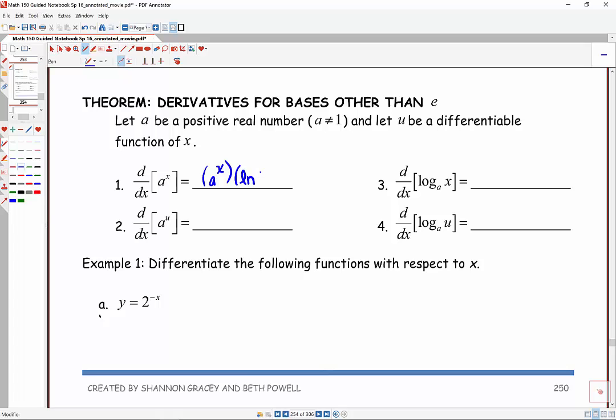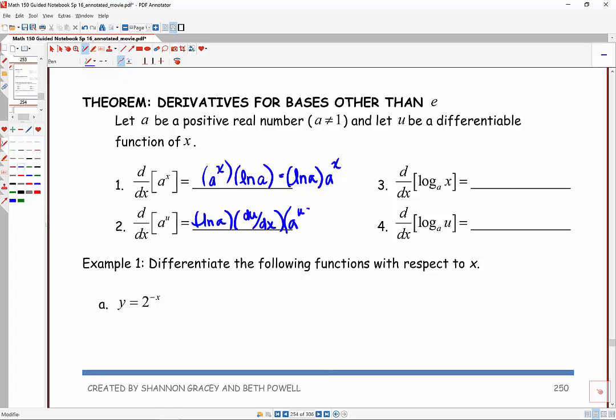So it's usually written as natural log of a times a to the x. So here, what do you think is going to happen? Beautiful. We'll have the natural log of a. We are going to have du dx, or u prime, because you're using the chain rule on the power. And then what's happening? Beautiful. You have your exponential exactly as it was. Okay?